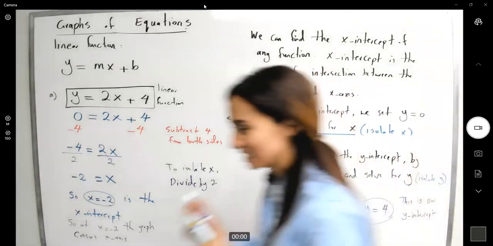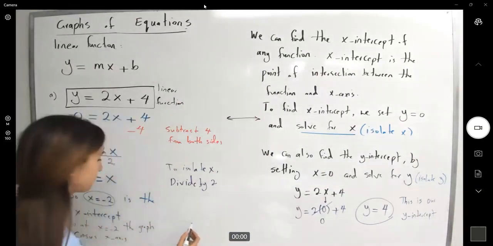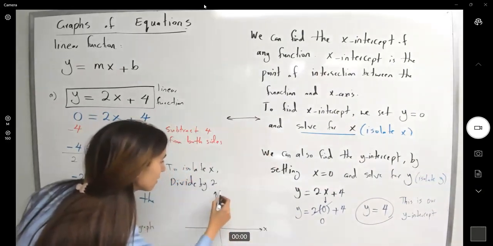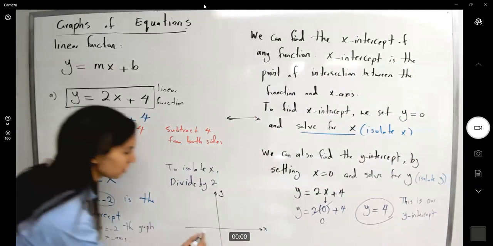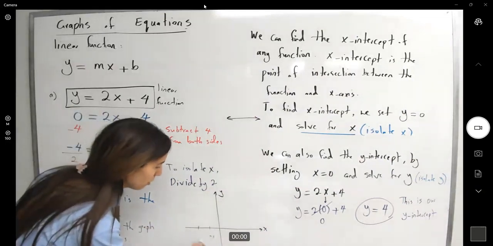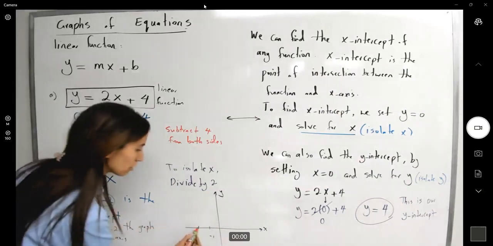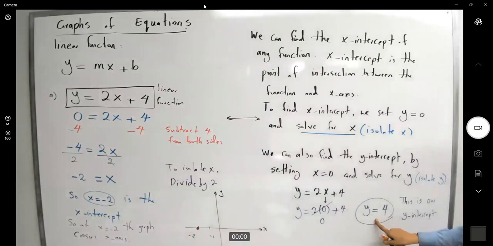So take a look at this. I have my x-axis and I have my y-axis. It says at negative 2, the graph hits the x-axis. So let me find minus 2. Negative 1, negative 2. Okay, negative 2 is just right here. And it says my y is 4 and it is my y-intercept.